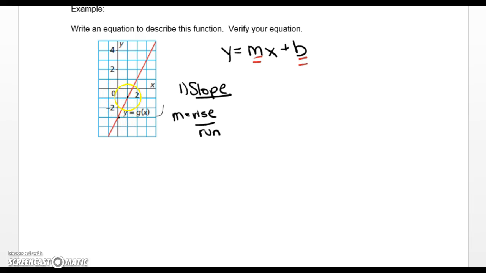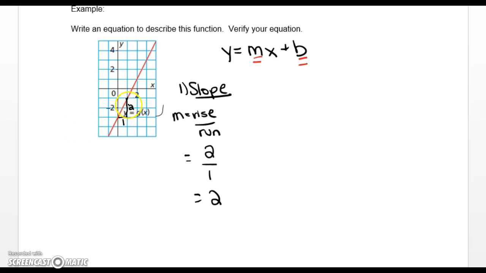Our next nice point might be x equal to 1 and y equal to -1. We're moving 1 to the right and up 2, so we're rising 2 and running 1. So we have a slope of 2 over 1, which is simply 2.